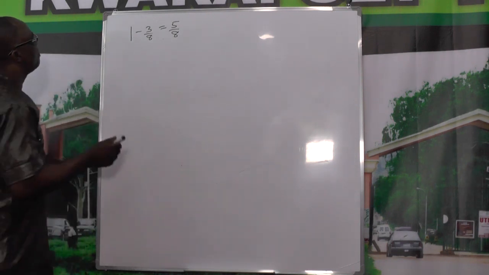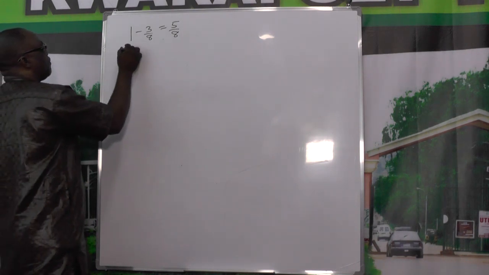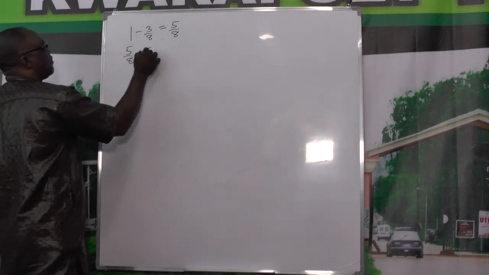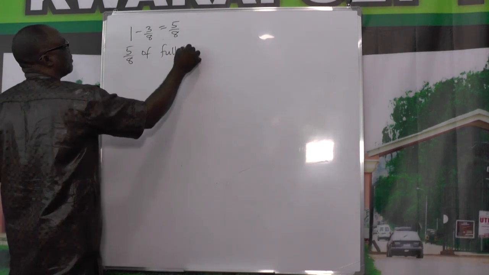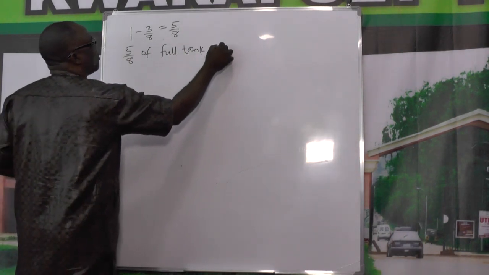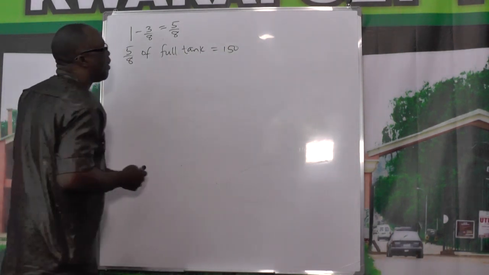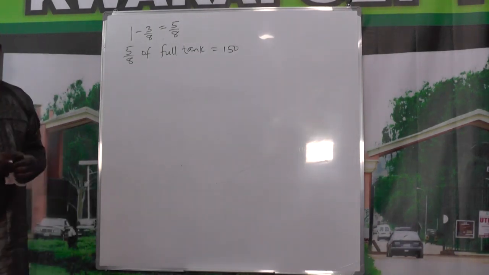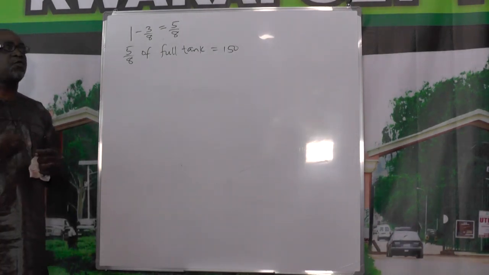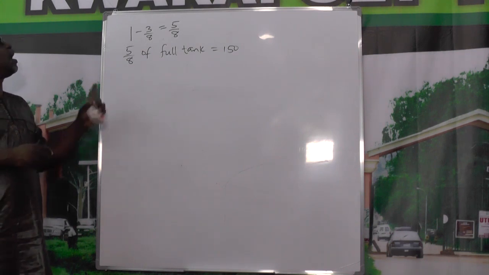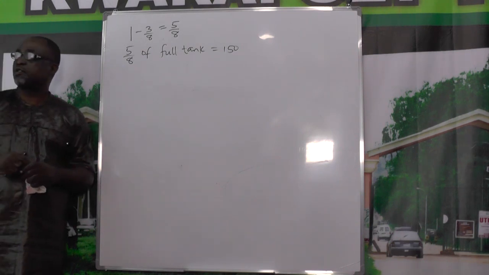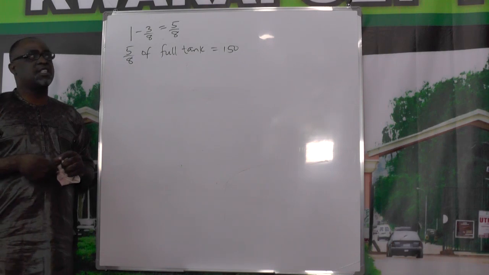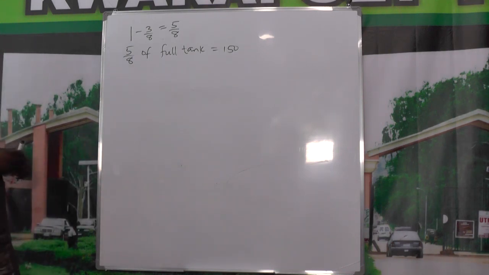Now, that simply means that 5/8 of the full tank is what is equal to 150. Don't forget that we are told that we remove 150 liters to have 3/8. So it means that 150 liters is equivalent to 5/8 of the full tank.